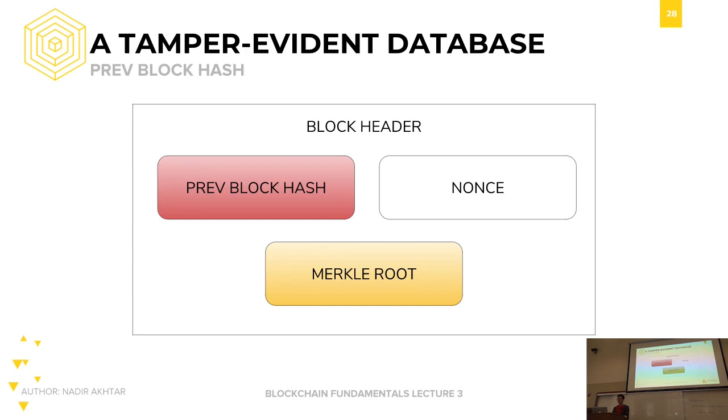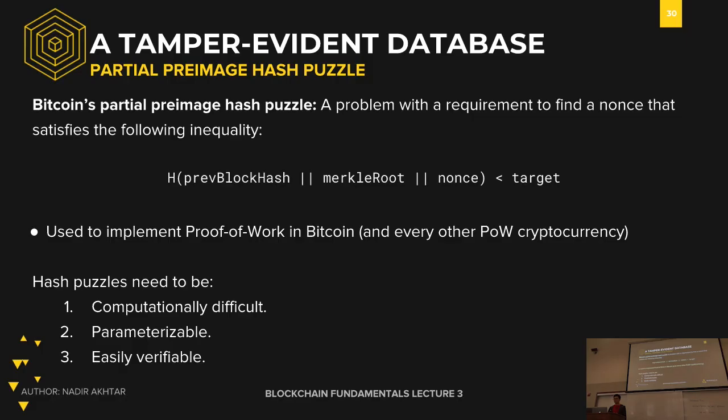So the next thing that we include in our block is the idea of a nonce. The nonce is more so the proof of work aspect of our blockchain. So we're going to go into a little bit about mining. In Bitcoin we have what's called a partial pre-image hash puzzle.